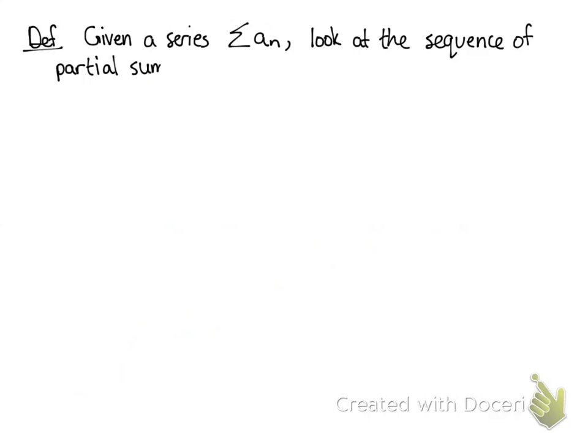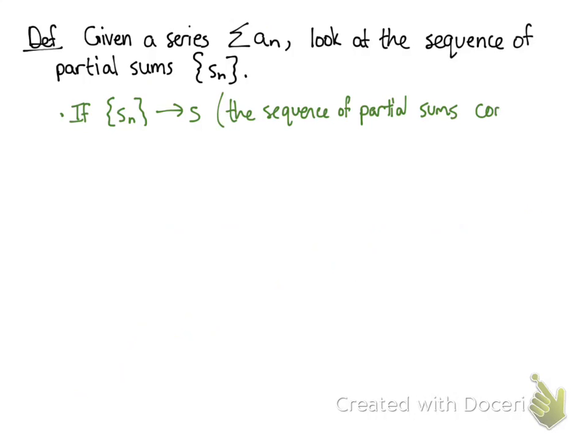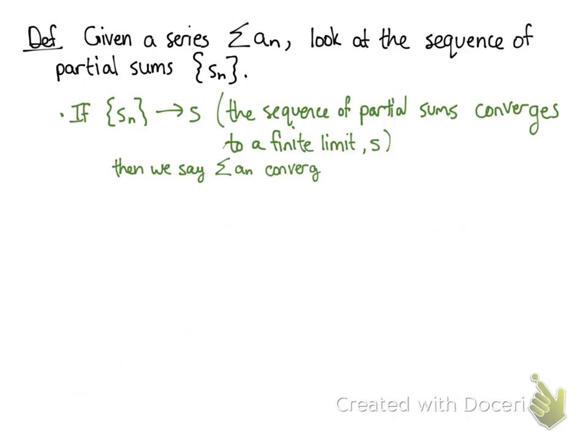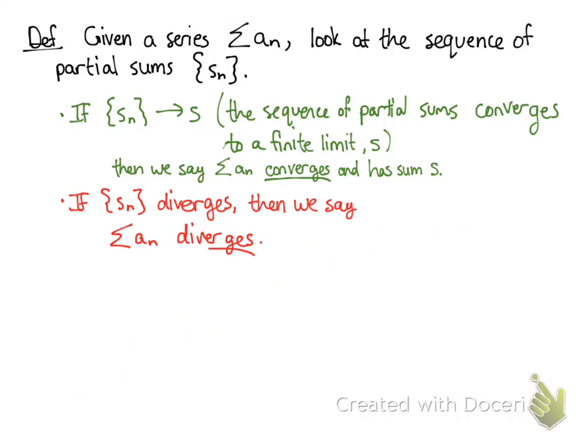So given a series, you look at the sequence of partial sums. If that sequence has a limit, if it converges to a finite limit called S, then we say the series converges and its sum is S. If that sequence of partial sums diverges, there's no limit or the limit is infinity, then the series diverges.